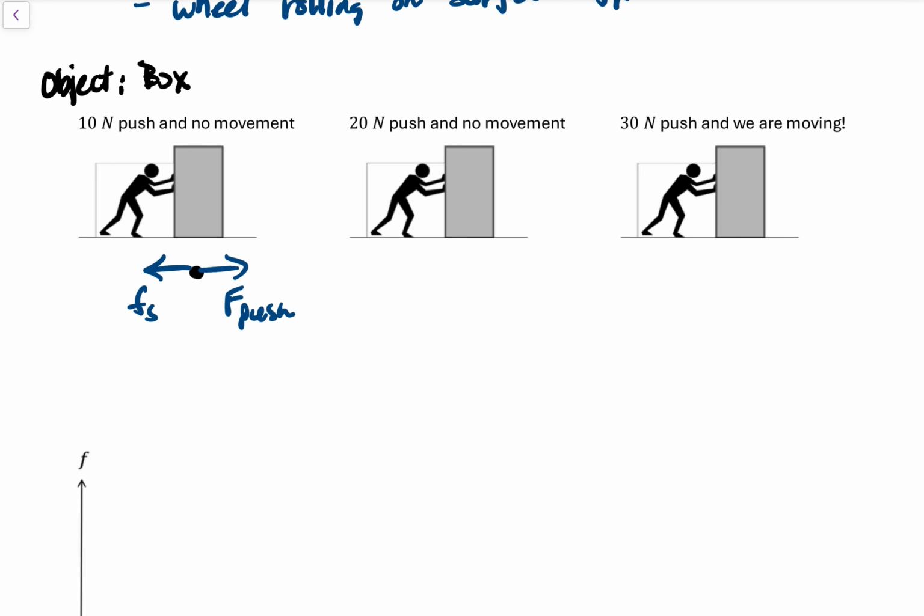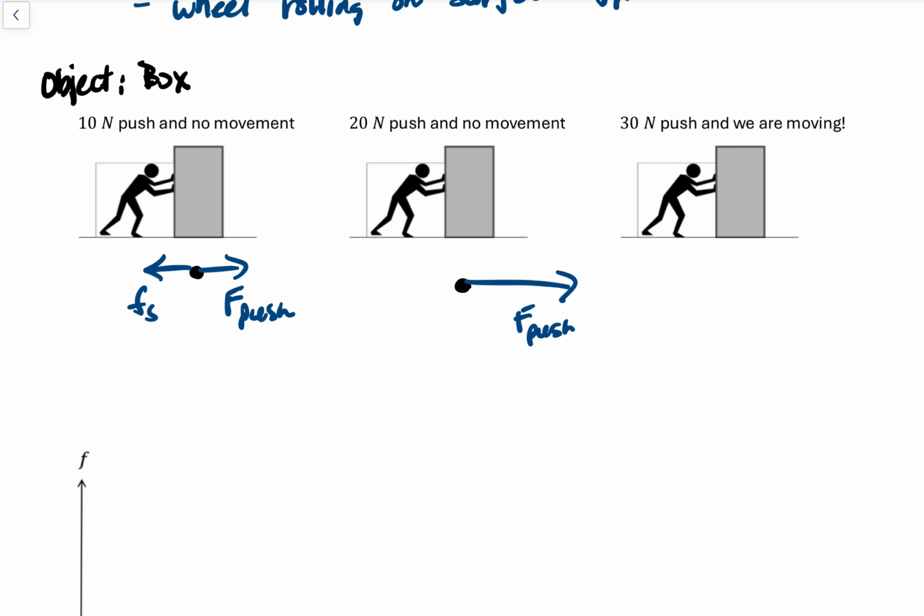So maybe we try to push on the box a little bit and it doesn't move. Then we push a little bit harder and it still doesn't move. Hopefully you have had this experience where you can push with different efforts and still not get something to move. But when I draw my free body diagram, I need to show that this is a bigger push.